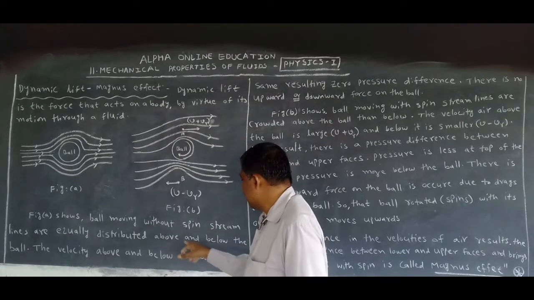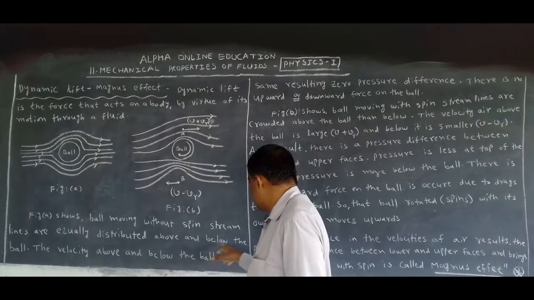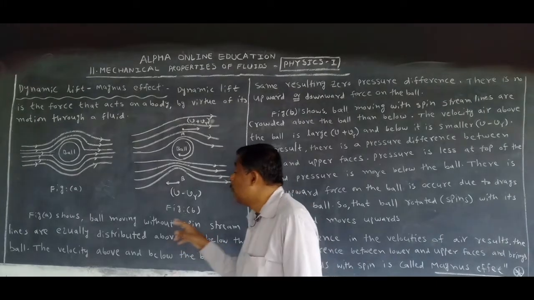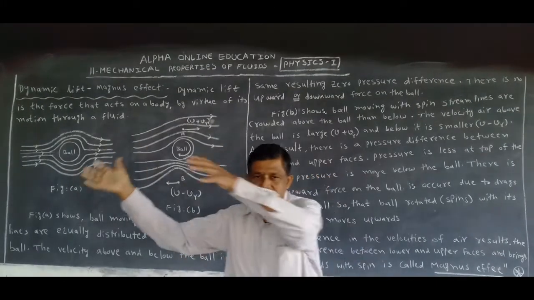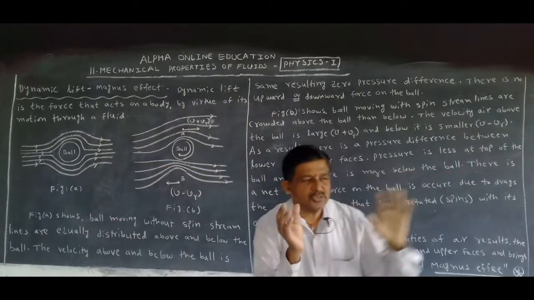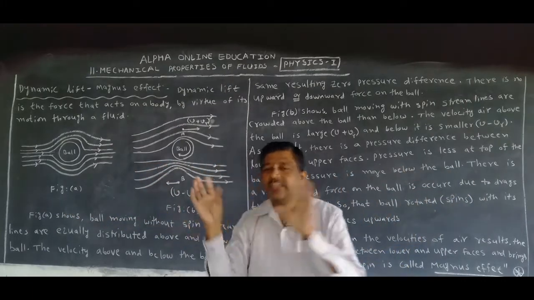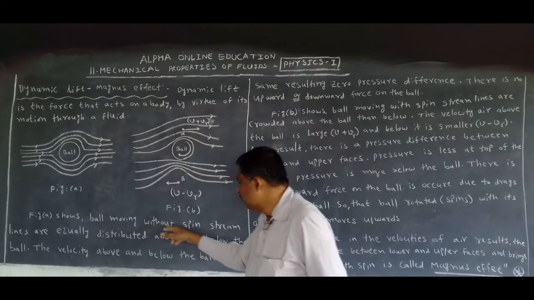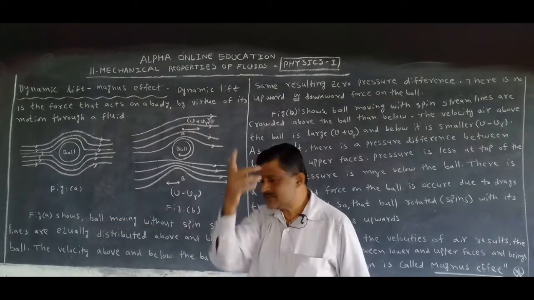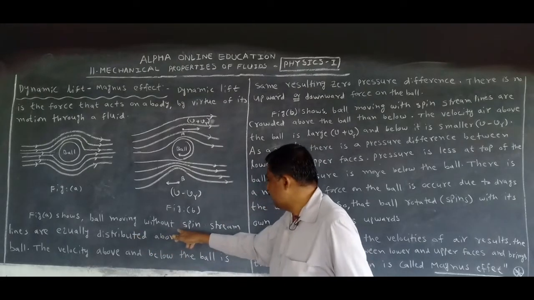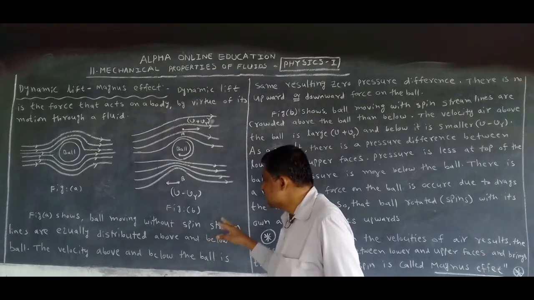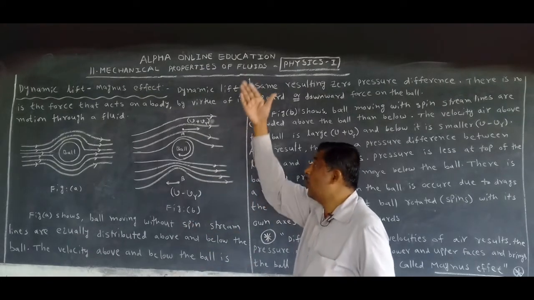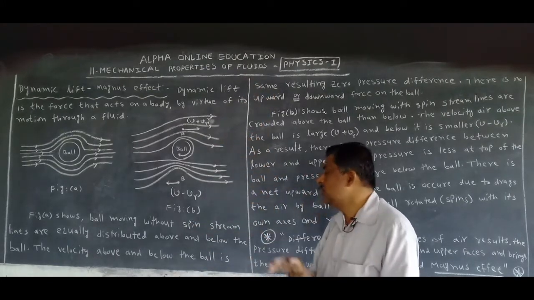Streamlines are equally distributed above and below the ball. It means the ball moves, like a thrown ball, in a fluid, in the air. The figure shows the ball moving without spin, with streamlines equally distributed above and below the ball.